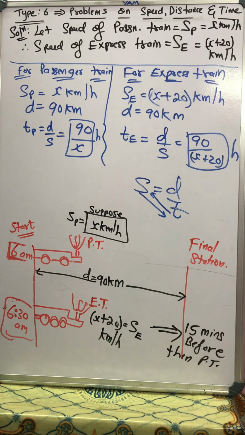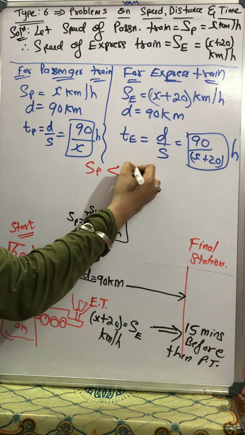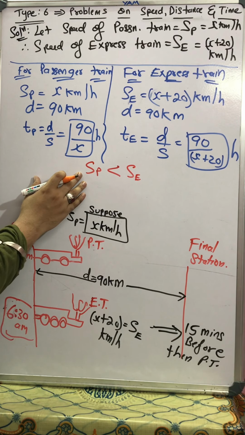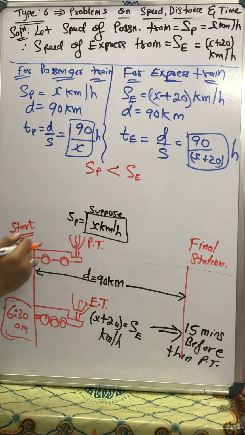Now how to proceed with our further conditions? Please see on the board that speed of passenger train, I have already explained in my previous video, is less than speed of express train. It's very obvious.